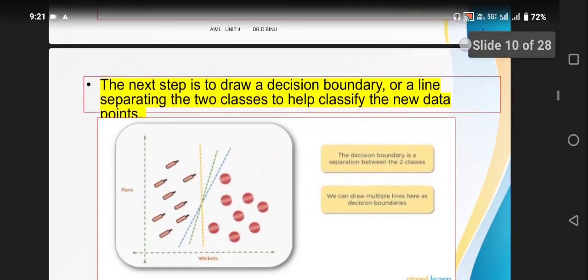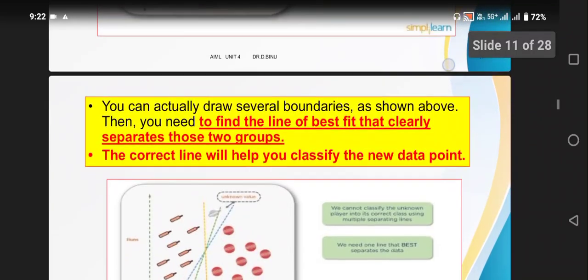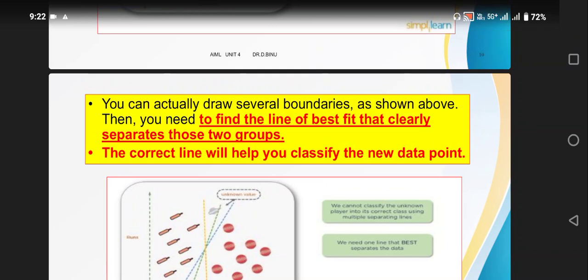The next step is to draw a decision boundary, or a line separating the two classes, to help classify the data points. We can actually draw several boundaries as shown above. We need to find the line of best fit that clearly separates those two groups. The correct line will help you to classify the new data point.